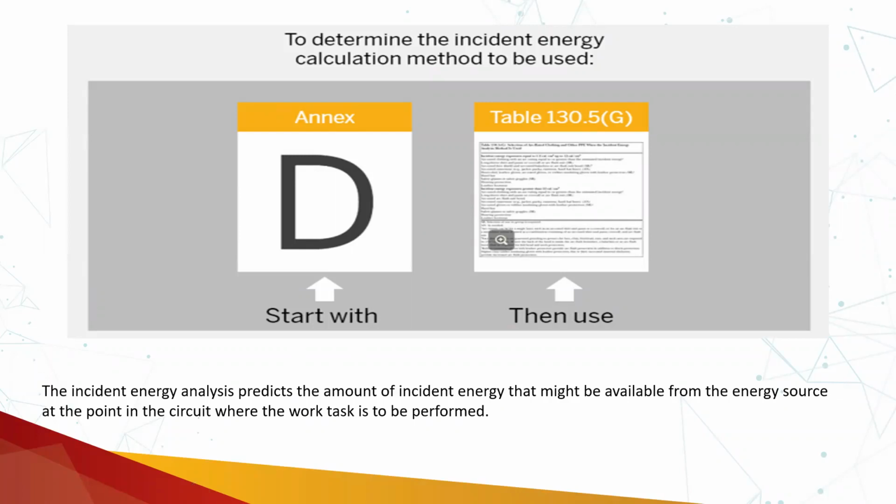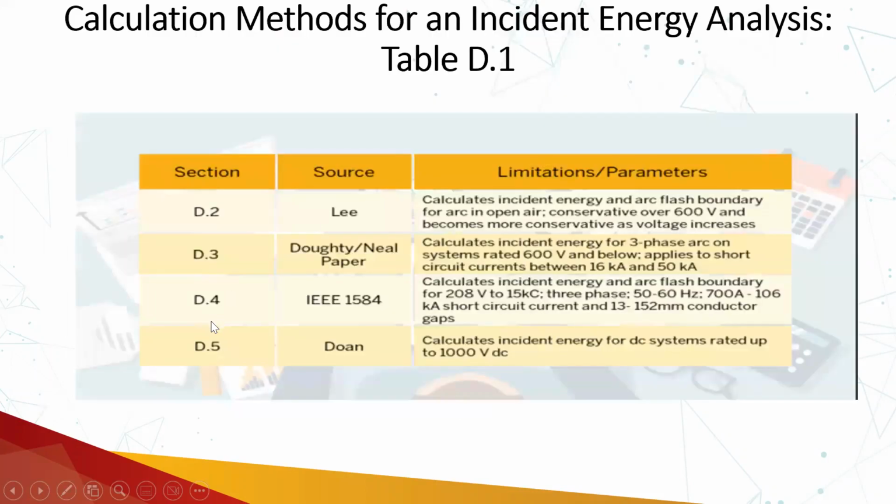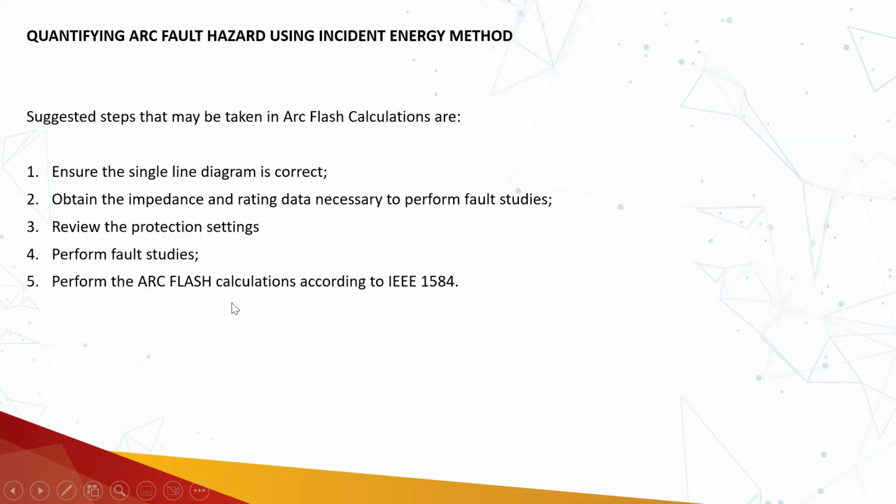So the most preferred method is IEEE 1584 2018 edition. So you have drawn the complete circuit, and you know about the available incident energy at particular locations. So based on that one, you will be using the 130.5G table for the selection of your personal protective equipment. So we will focus on the IEEE 1584 method.